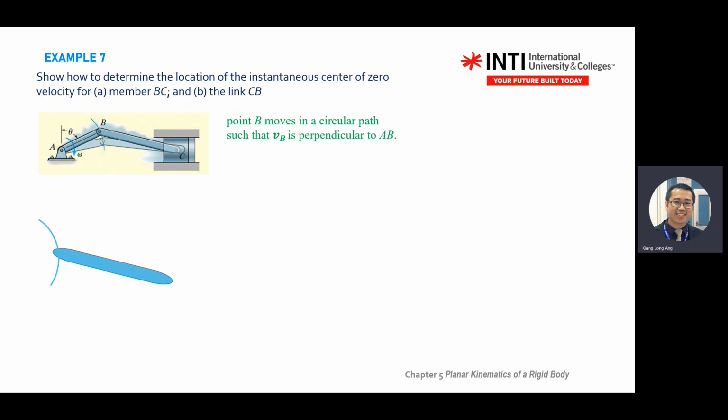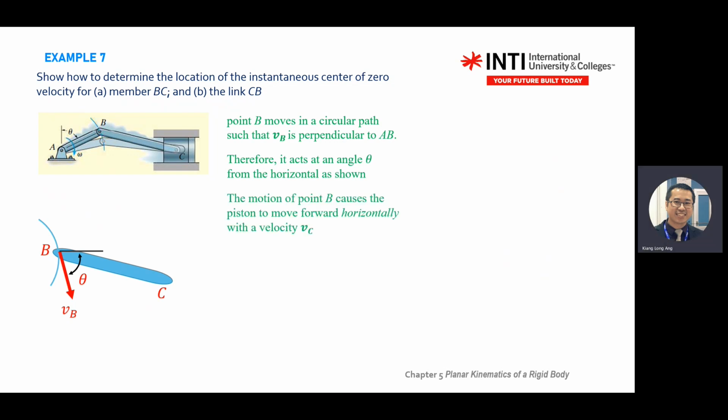For this one, you're interested in member BC, so you extract BC out. Then you draw the motion of one point and the motion of another point. This one is circular motion. You put in B, label BC, and put in the tangent velocity magnitude for B. Then there's an angle there, relative to your horizontal reference, which is parallel to C.